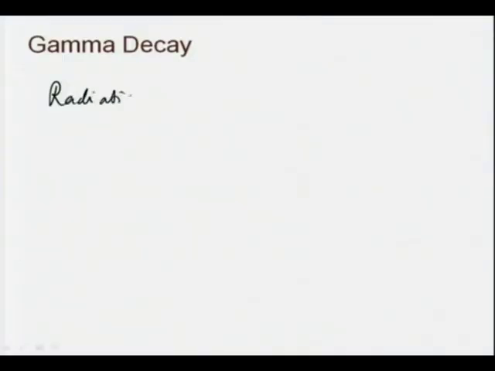But if you are considering a solid and gamma emission from the nuclei of the atoms of the solid, then a few hundred electron volts is enough to actually eject the nucleus from that. Sometimes the kinetic energy associated with the recoil is about a few hundreds of electron volts. That is enough to make the nucleus come out of the solid. This is called radiation damage of the solid, obviously.